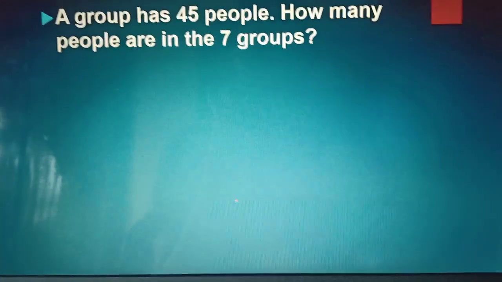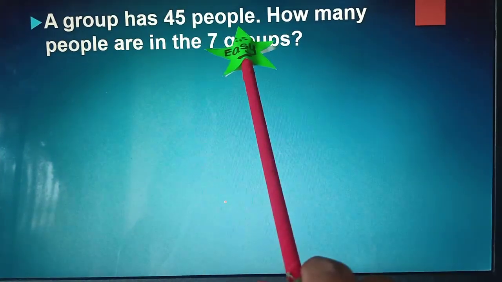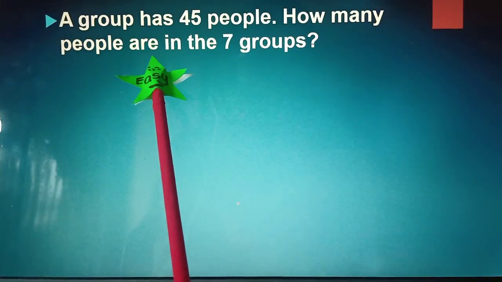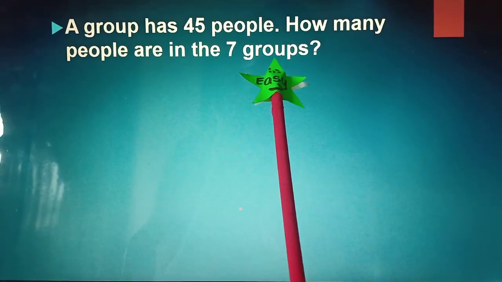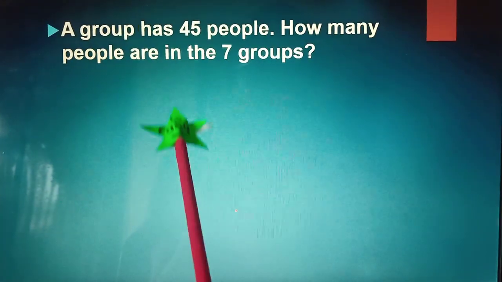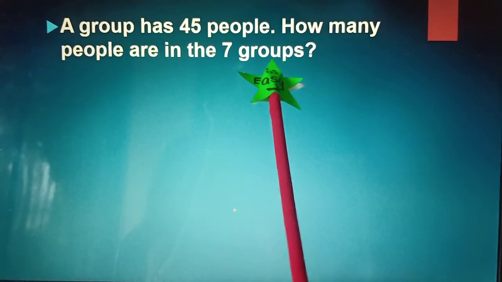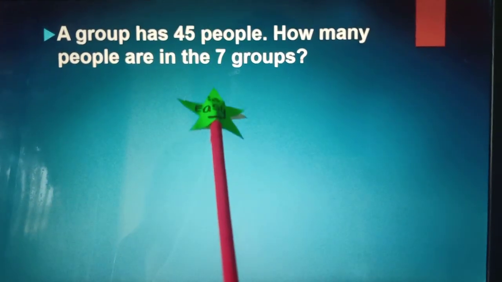Okay, number 3. A group has 45 pupils. See class, 45 pupils. How many people are in the 7 groups? We have 45 people in one group. We need to find for 7 groups. What must we do here?